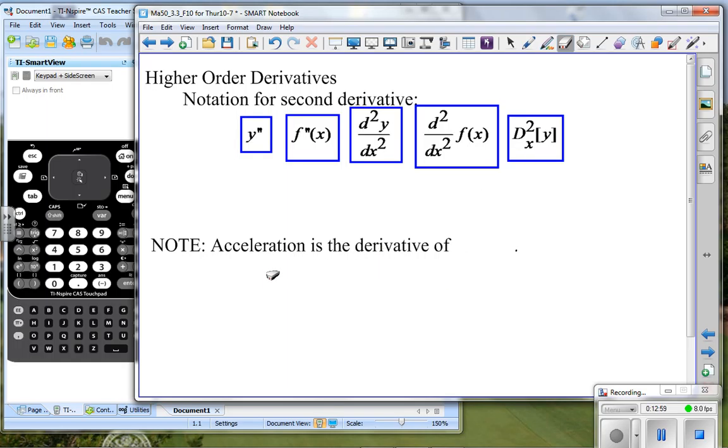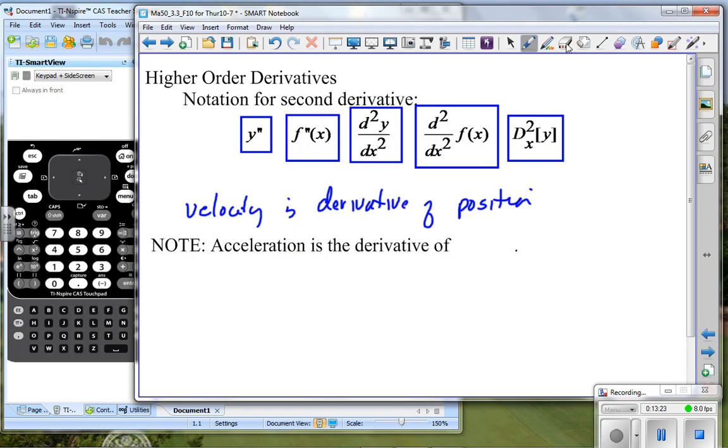Another idea is that we can talk about acceleration. Now remember, we did mention that velocity is the derivative of the position function.